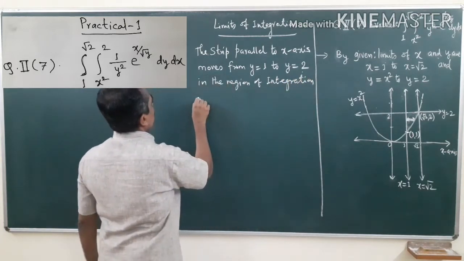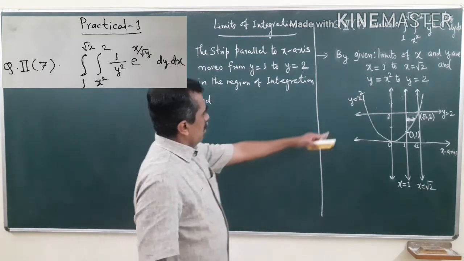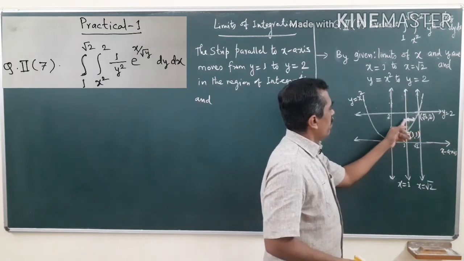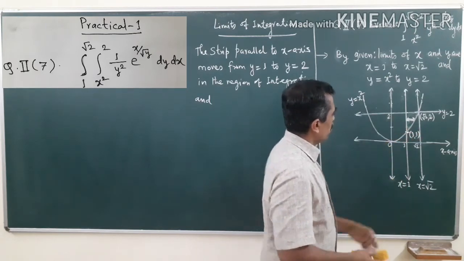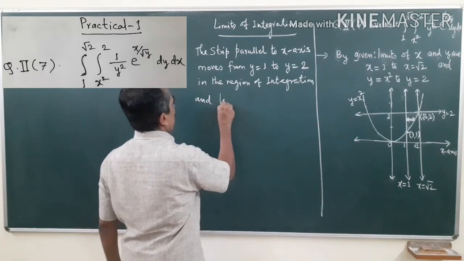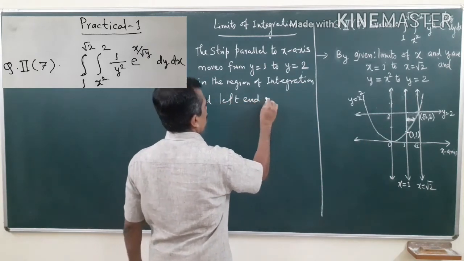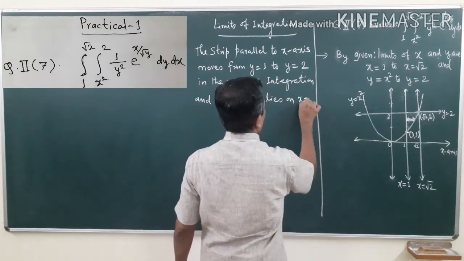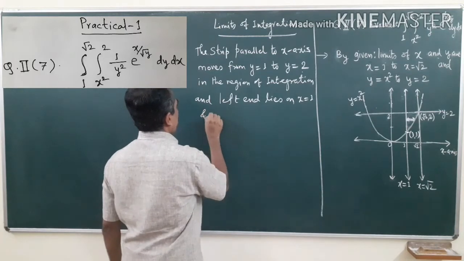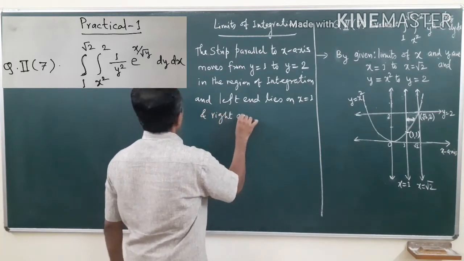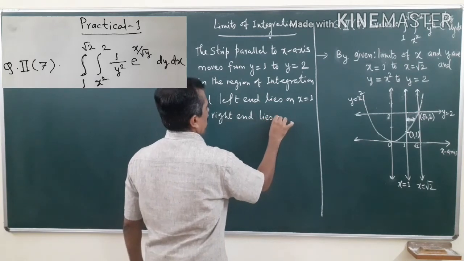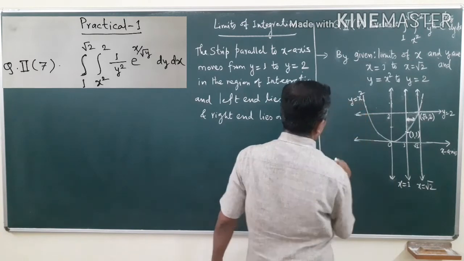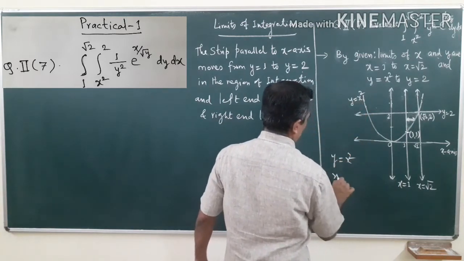Now, we want to find the limits of x. The left end of the line lies on x is equal to 1, and the right end lies on this parabola, y is equal to x square, or x square is equal to y.